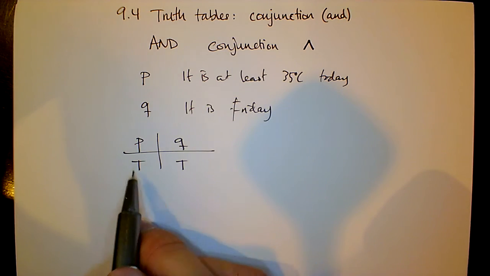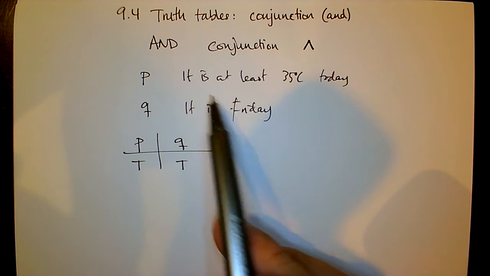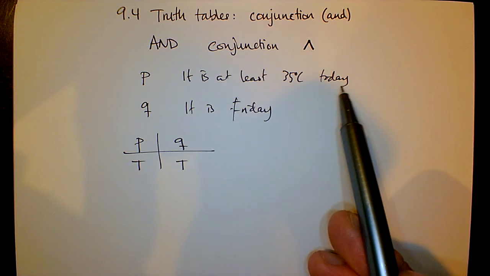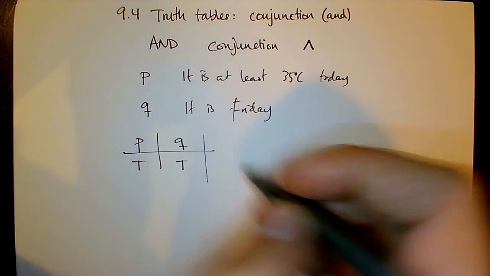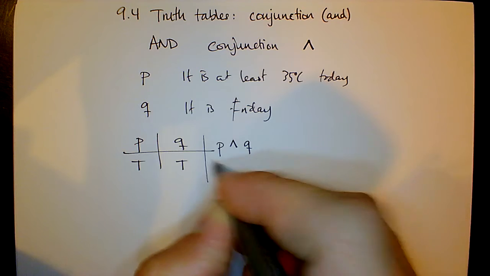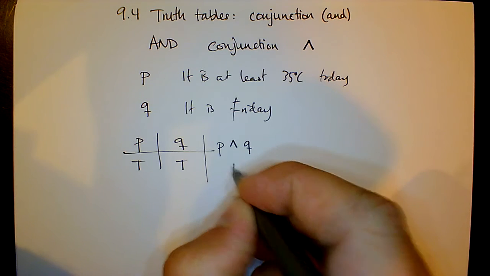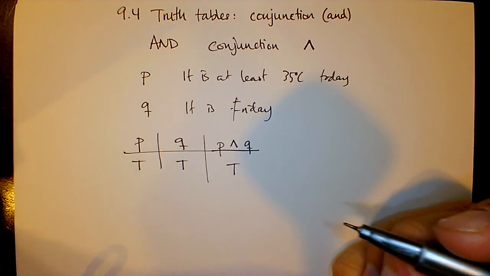Then if both P and Q are true, then it is at least 35 degrees today and it is Friday, which means that the conjunction of P and Q is true. Both of them must be true.